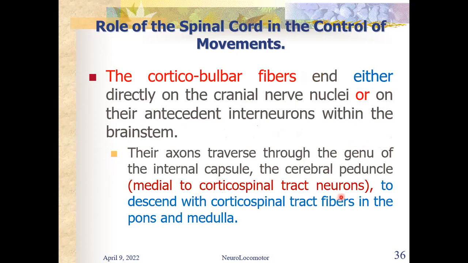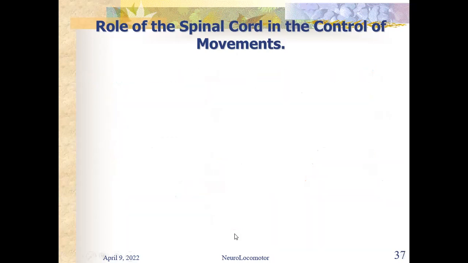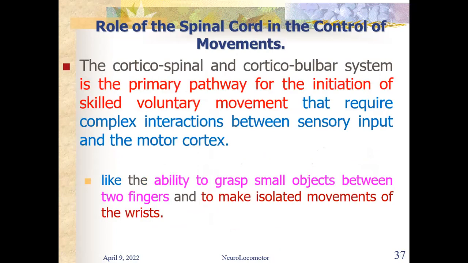This is how it moves, to descend in the corticospinal tract fiber in the pons and the medulla before getting to the effectors. So the corticospinal and the corticobulbar system is the primary pathway for the initiation of skilled voluntary movement. Remember the function of the corticospinal tract?